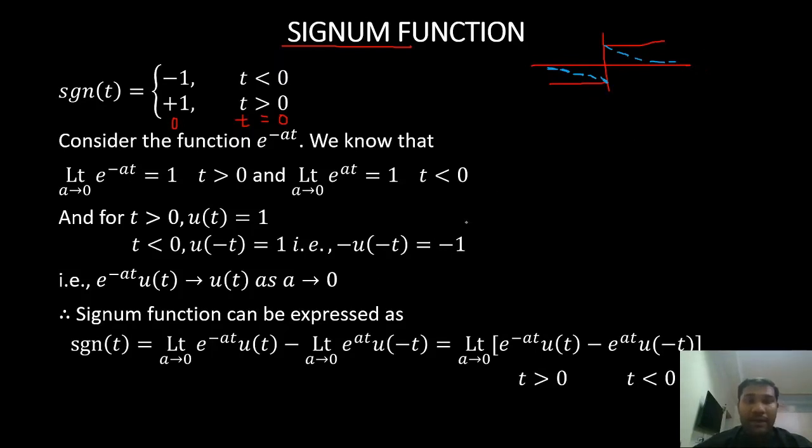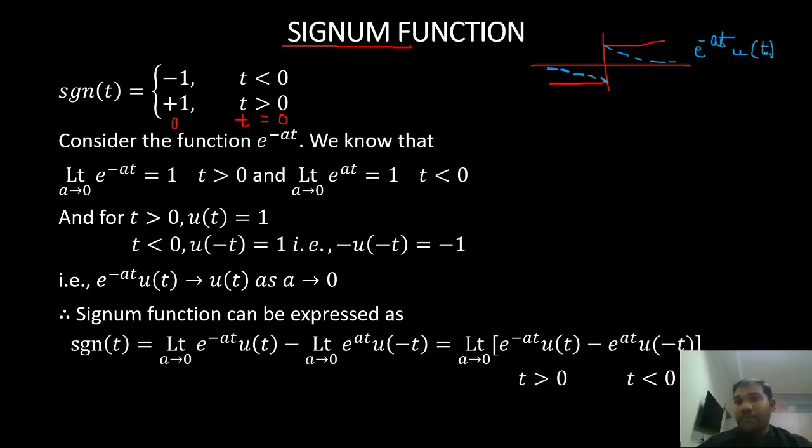What is this signal given by? This is a decaying exponential. Decaying exponential is given by e power minus at, and it is only present for the positive side of the time axis. So it is multiplied with u of t.